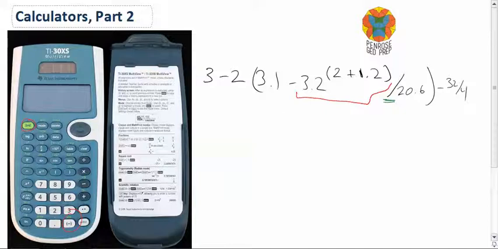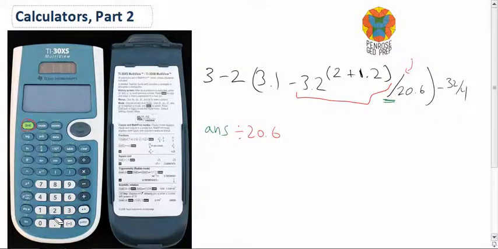So we type answer, and then divided by 20.6. Remember, this slash is just another division symbol. And we hit enter, and we get another number.